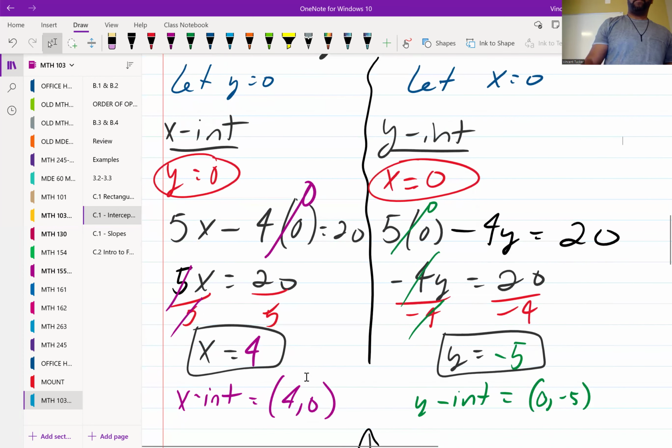So for my x-intercept, x always comes first in your ordered pair, then y, so that's (4, 0). And then for my y-intercept, (0, -5).